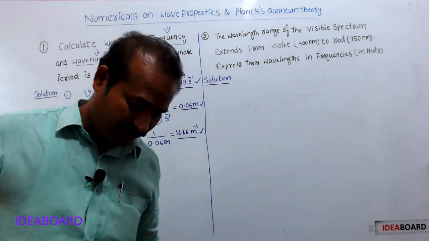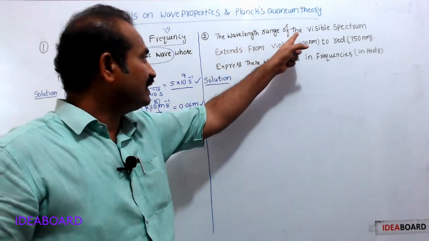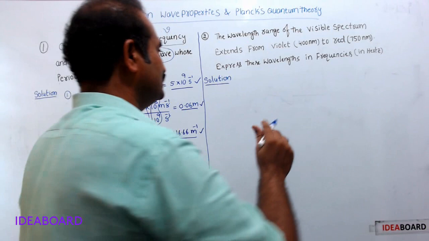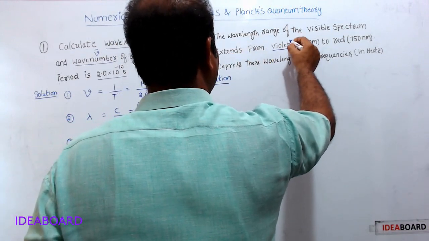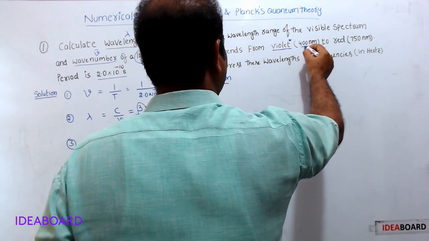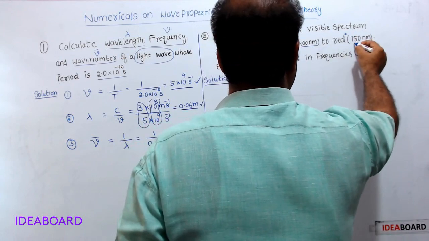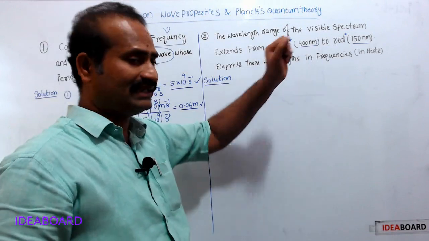Now come to the next problem. The wavelength range of the visible spectrum, the visible region, extends from violet, whose wavelength is 400 nanometer, to red, whose wavelength is 750 nanometer. So here the wavelength range of the visible region is given to us.